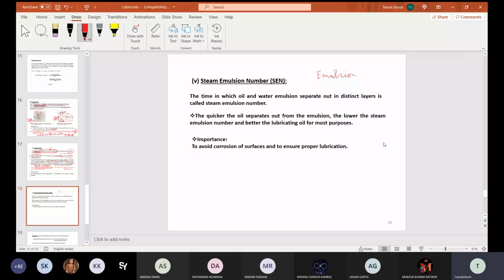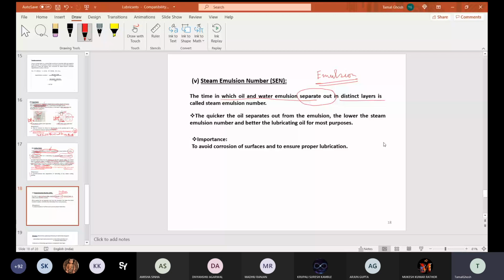In the case of lubricating oil also, the time in which oil and water separate out, meaning the emulsion breaks down into distinct layers, is called the steam emulsion number.